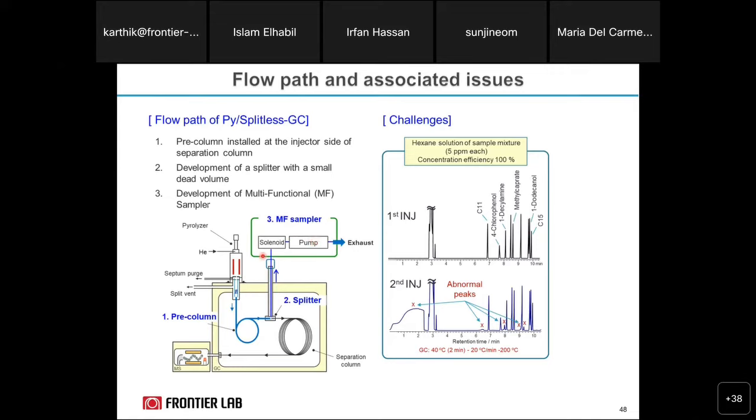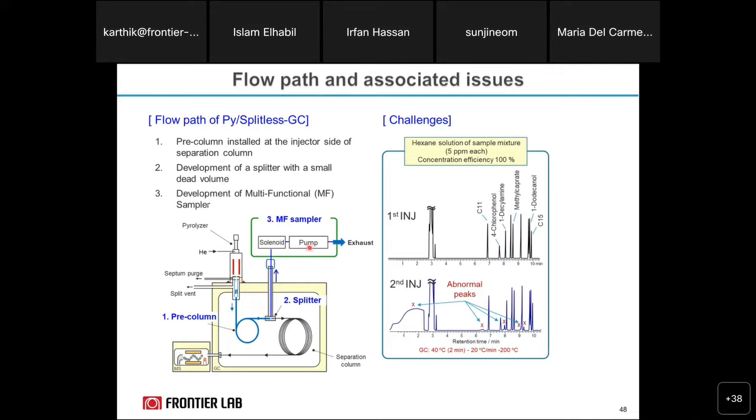This will be sucking the samples from the furnace, and because this is a column with some retention, all those polymers will be retained here, and only the excess gas will go out. So we are keeping the flow rate high enough here so that secondary reaction is not happening, and at the same time we use the pre-concentrator so that we are not losing the sample. That is step one.